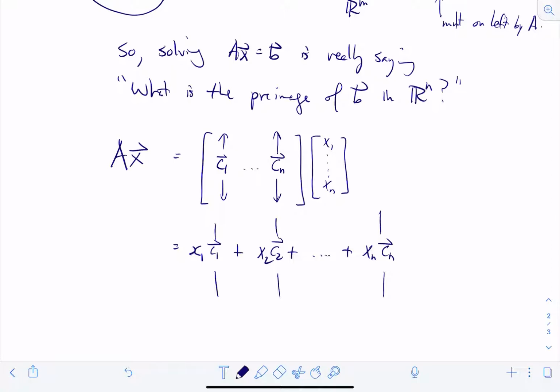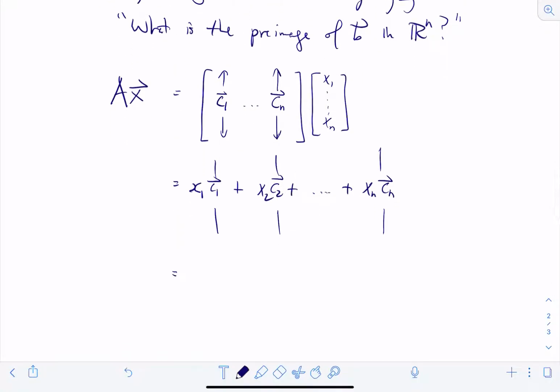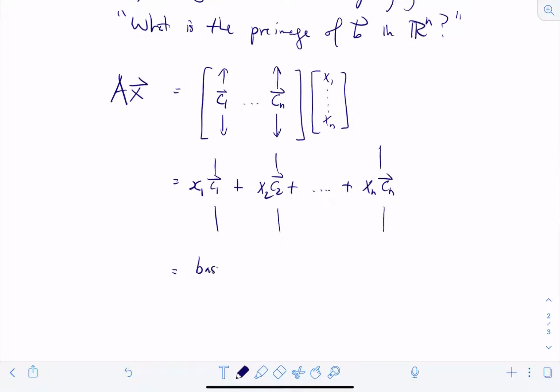Okay, that's really what Ax is. And if you look at exactly what we just wrote here, basically we are taking linear combinations of the columns of A.